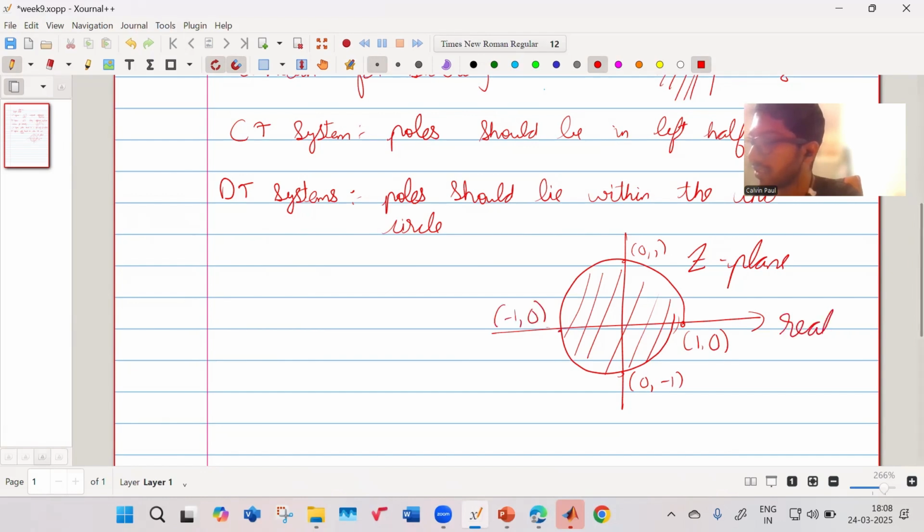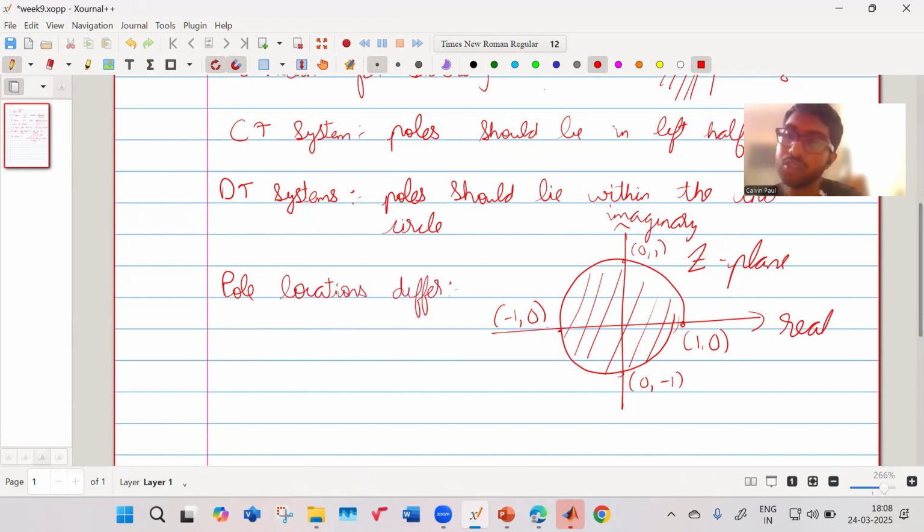This is the real part, this is the imaginary part. Your poles should lie within this unit circle. If your poles lie within that unit circle, then your system is stable. So pole locations differ, and you must understand this because when you do pole placement, the criteria for selection of the pole locations will be different. This is what I wanted to highlight over here.